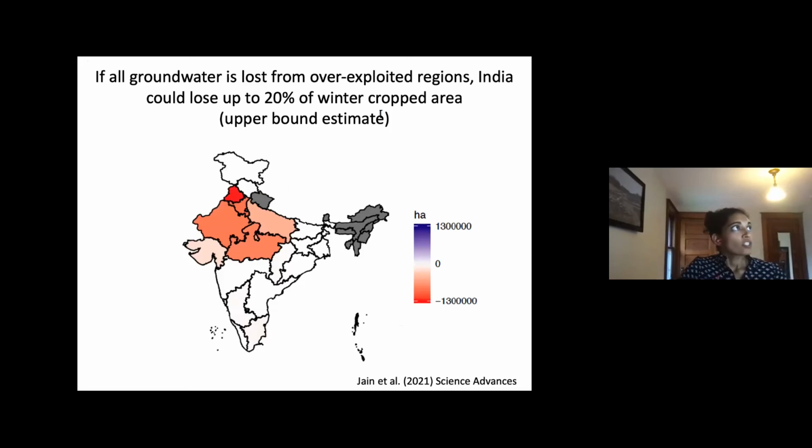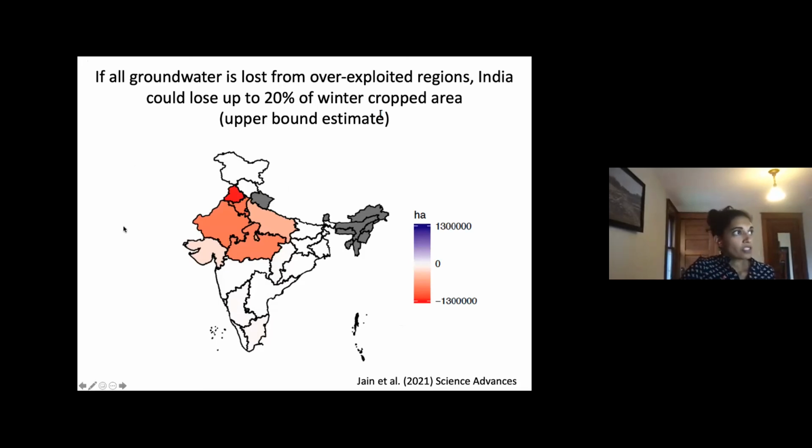All right. So what we find is that if all groundwater is lost from these overexploited regions, India could lose up to 20% of its cropped area in the winter season. We focus on winter cropped area because this is the season that is mostly dry and when farmers are relying on irrigation for production as opposed to rainfall.